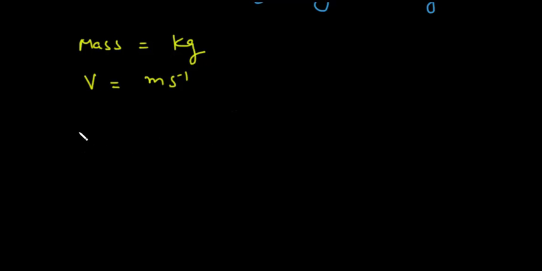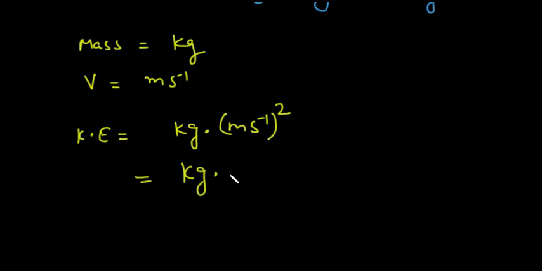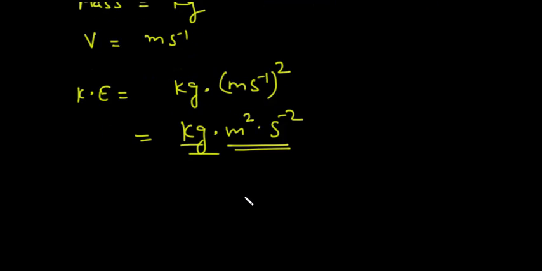So the units for kinetic energy will be kilogram into velocity squared, so the kinetic energy has units of kilogram meter square per second square. This is the unit for kinetic energy, and for any energy for that matter.